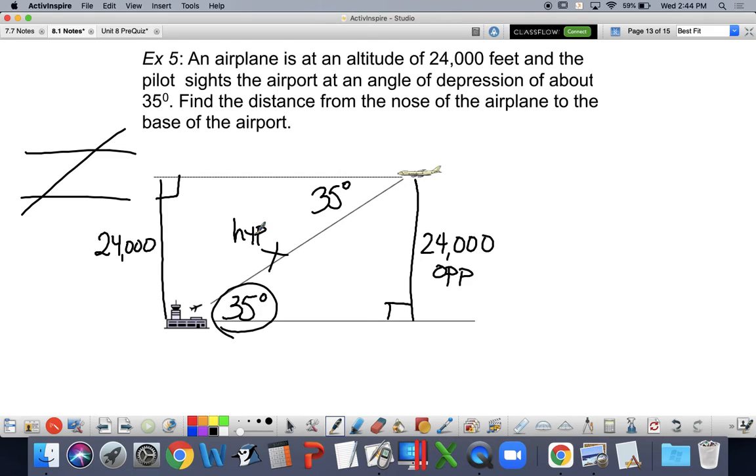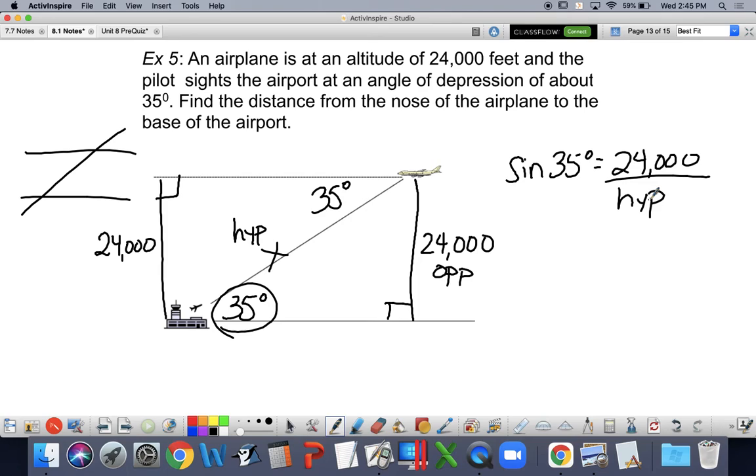So what trig identity do we use? The sine. Yep, the sine of 35 degrees is equal to 24,000 divided by your hypotenuse. Now in a previous example, we saw one just like this, and we did all the math to figure out how to do it.